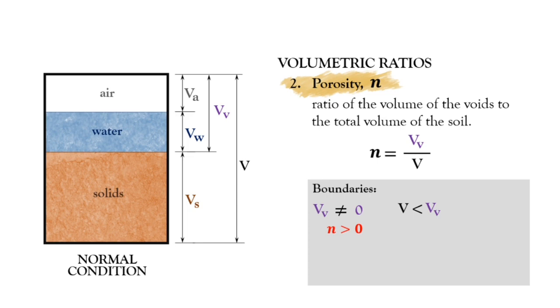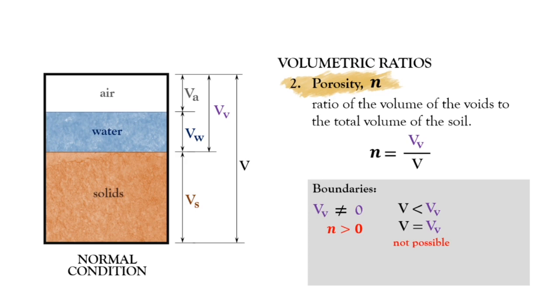Mukhang imposibleng mangyari na mas malaki pa yung voids mo kaysa sa total volume. So mukhang mali. How about if the volume of the voids is equal to the total volume of the soil? So imagine mo na yung total volume ng soil mo is just the voids. Wala man lang solids doon sa ating total volume. So that means both of these relations are not possible sa soil mass.